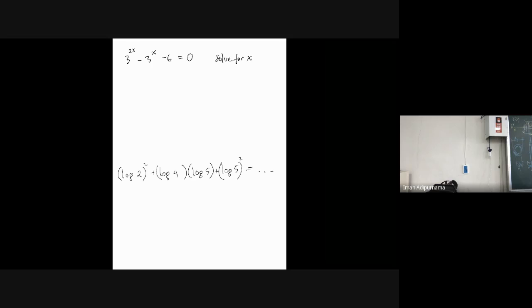So if you have 2 here, the 2 becomes the square, right? Yeah, minus 6. Can you solve it? How?